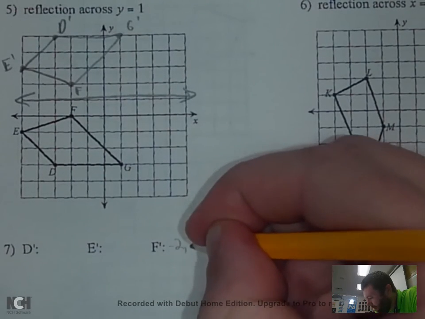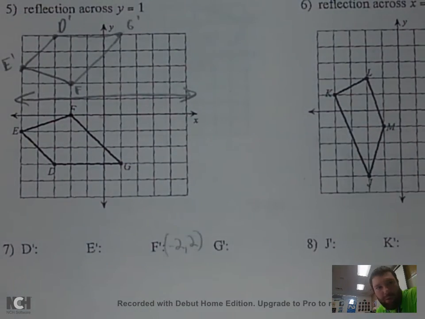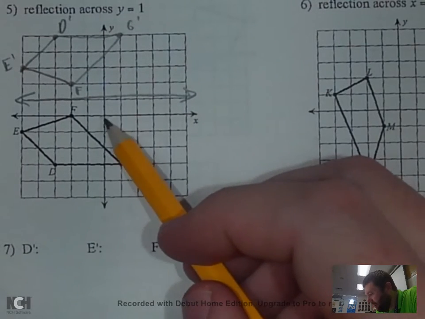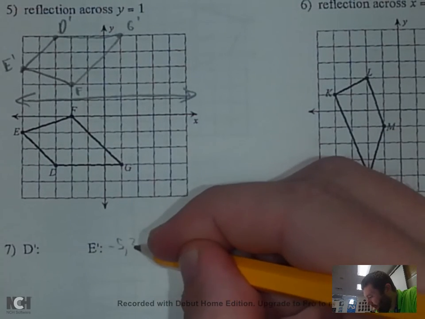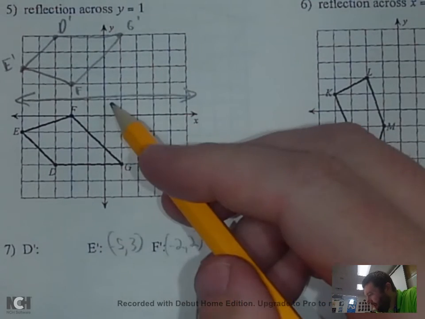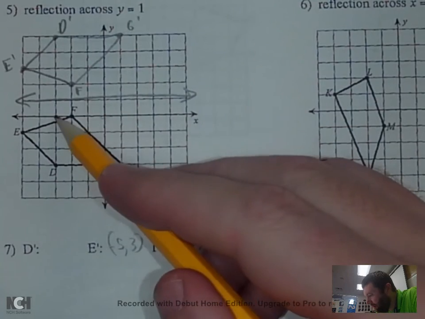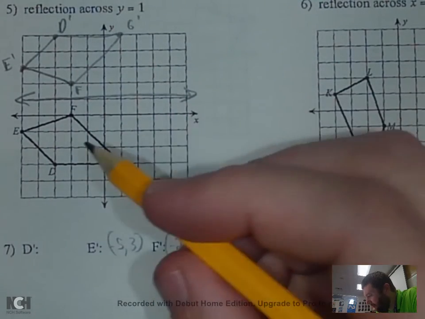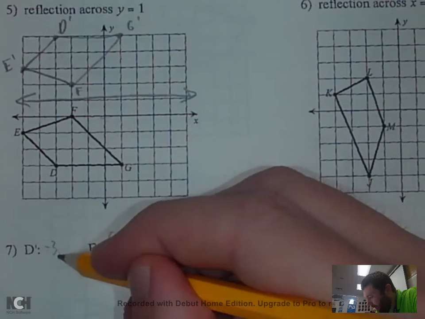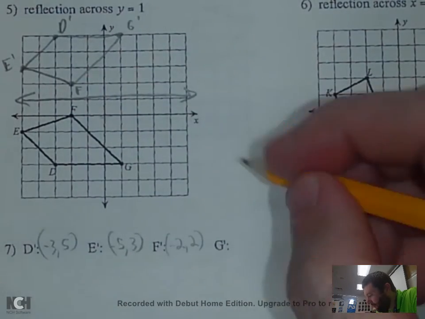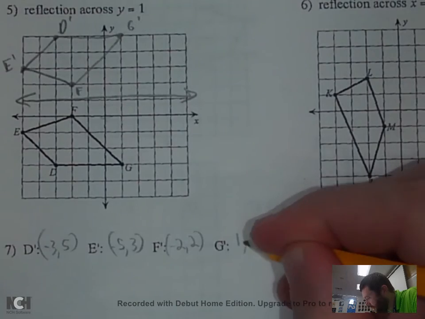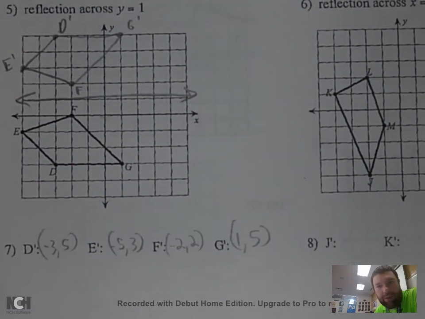So -2, 2 would be my new F. E is left 5 up 3, so that's -5, 3. D is left 3 up 5, so that would be -3, 5. And then G is 1, 5. And that's my answers. Okay?